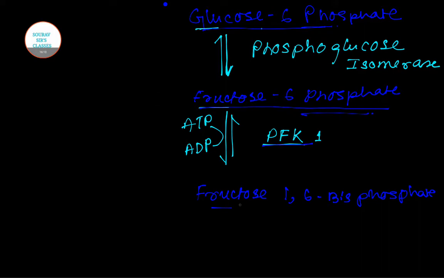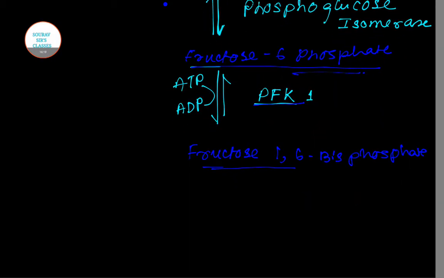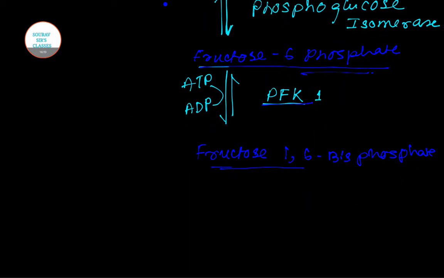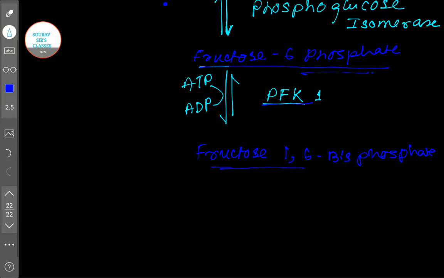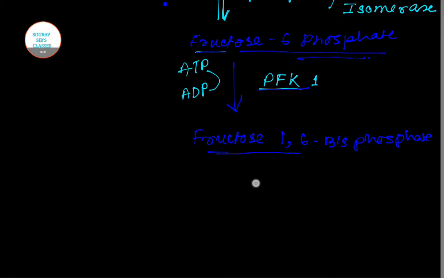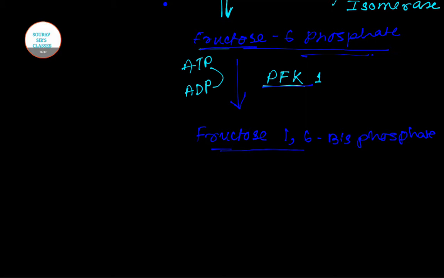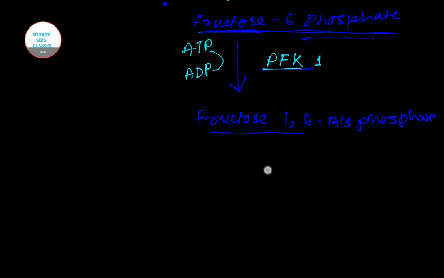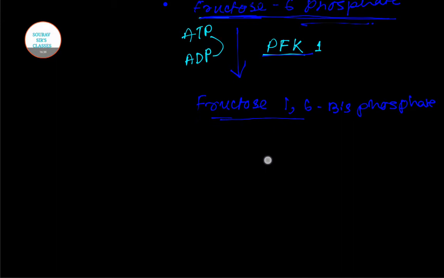It also transfers a phosphoryl group from the ATP irreversibly. So this will be a one-way arrow, because this happens irreversibly from fructose 6-phosphate to fructose 1,6-bisphosphate.